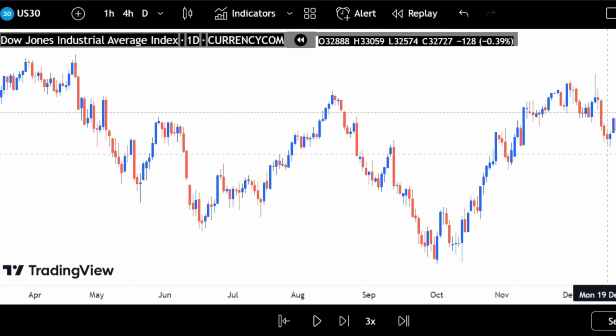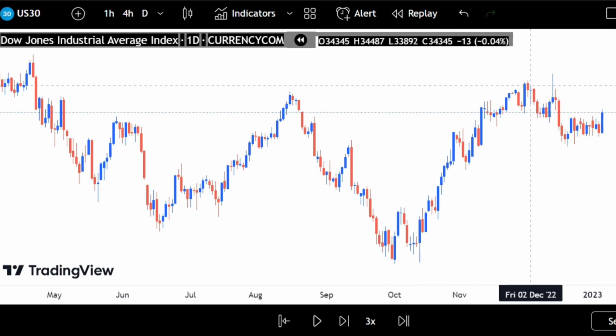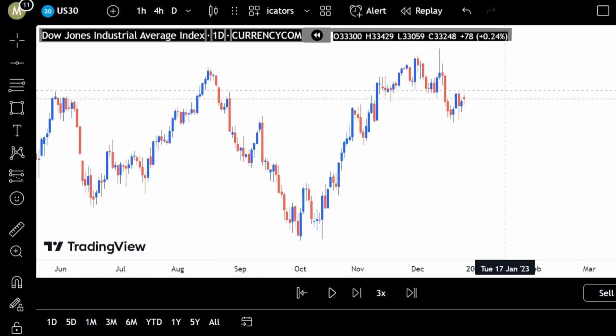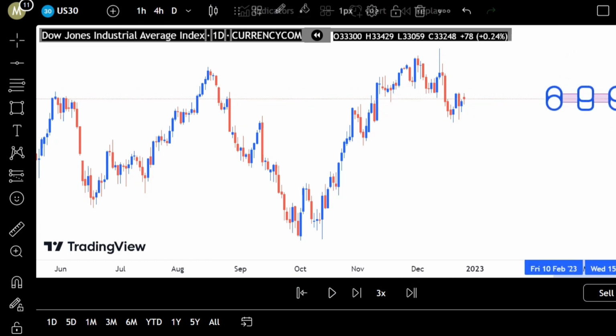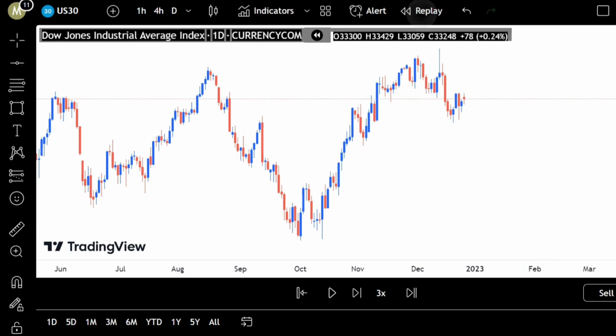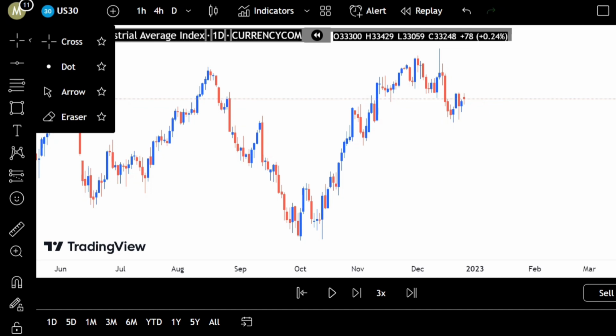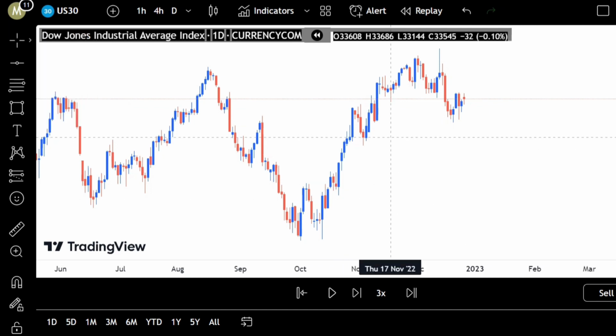But again, guys, the first thing, you go to the daily time frame and look out for the highest point in the market and the lowest point in the market, as you can see. So traders, this is our nice market, right here. In most cases, when traders are trying to trade the ranging market, they often use what we call horizontal lines.